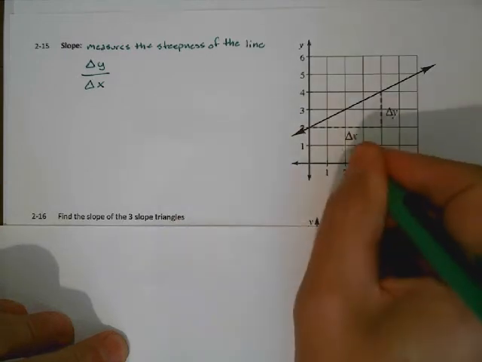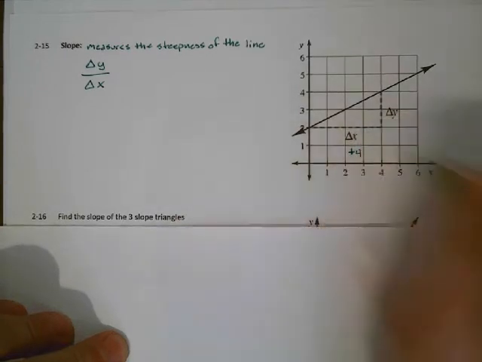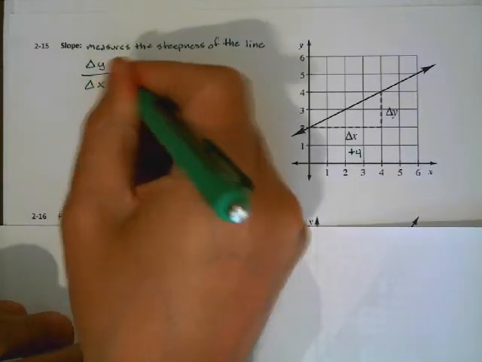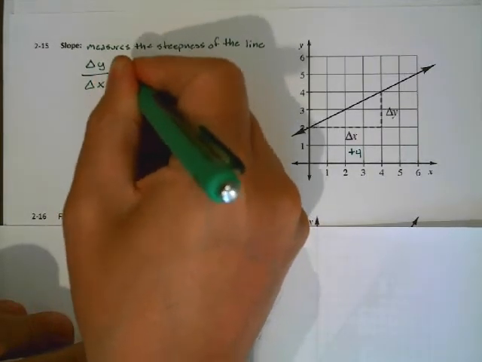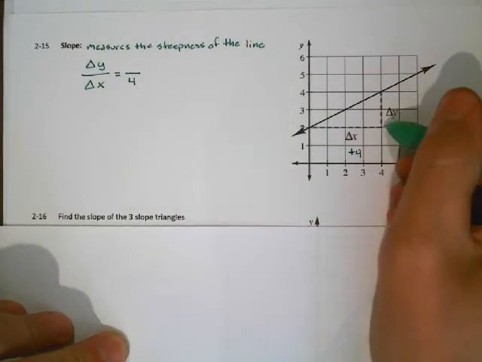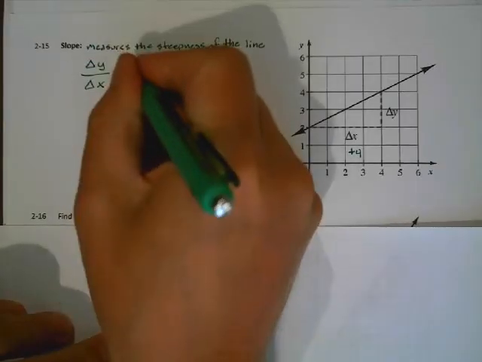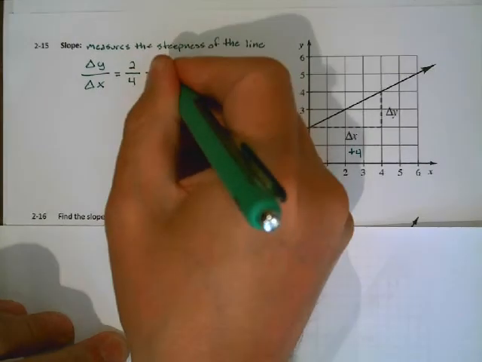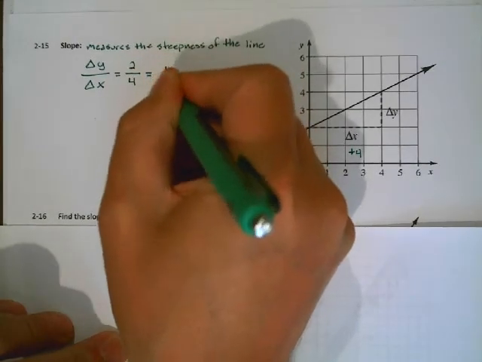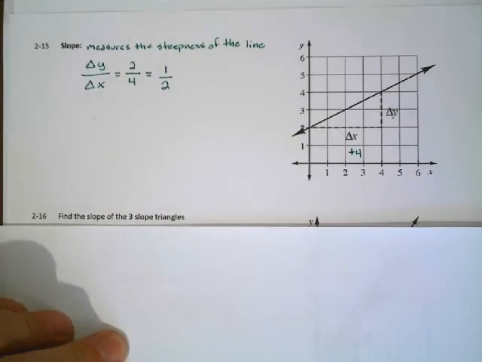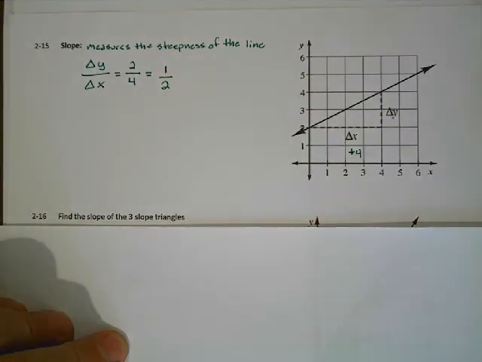So it's changing by 4. So I'm going to put 4 in the denominator. And the y values are changing by 1, 2. So our slope for this one would be 1 over 2. That describes how steep the line is.